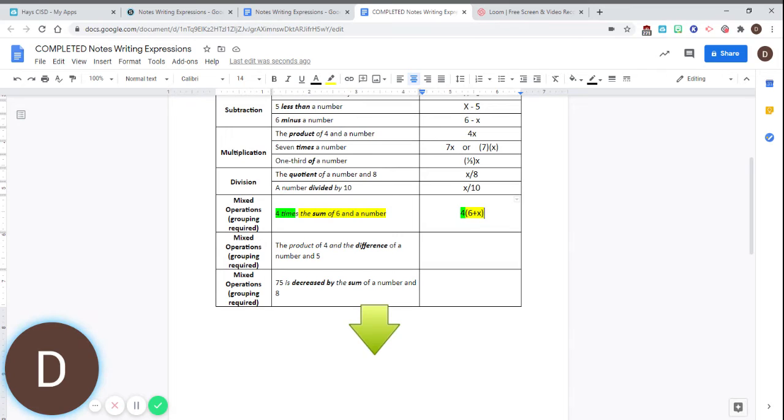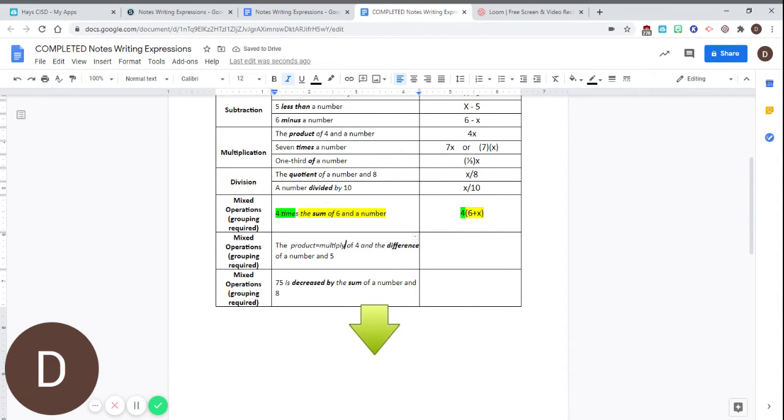Now, mixed operation grouping again, here we have the product of 4 and the difference. Product is telling us to multiply, right? So the product equals multiply.